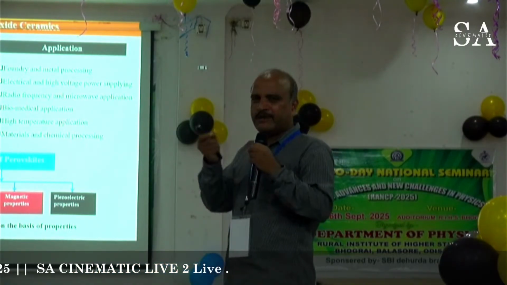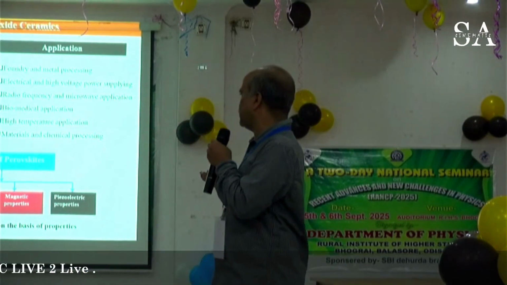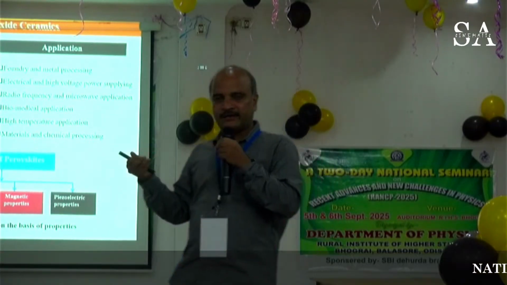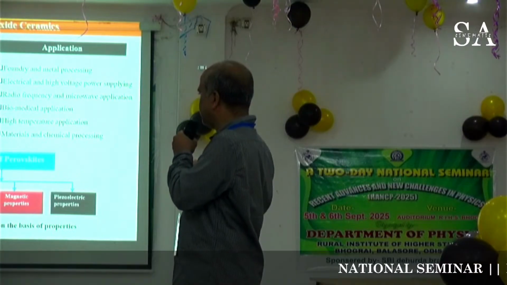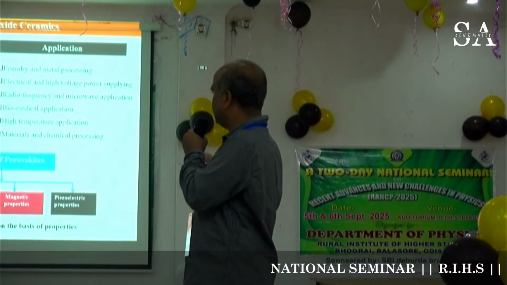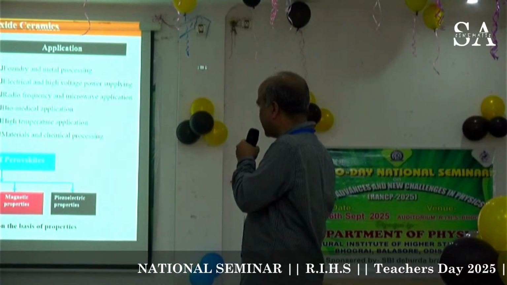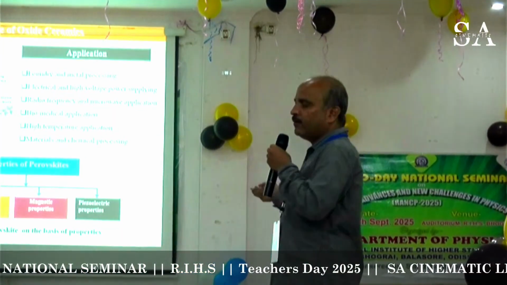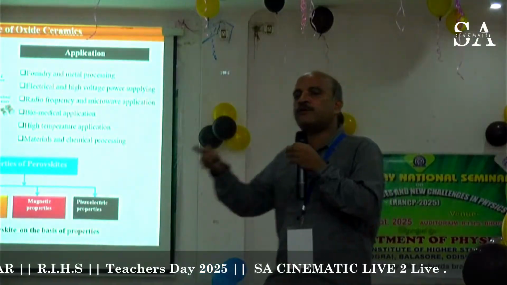If you identify the structure, you can see what the ABO3 structure is: A is the central part, B is the higher cation with central edges, and O3 is the base. Those perovskite materials can show dielectric, ferroelectric, and magnetic properties. People explain all these properties for the use of ceramics.